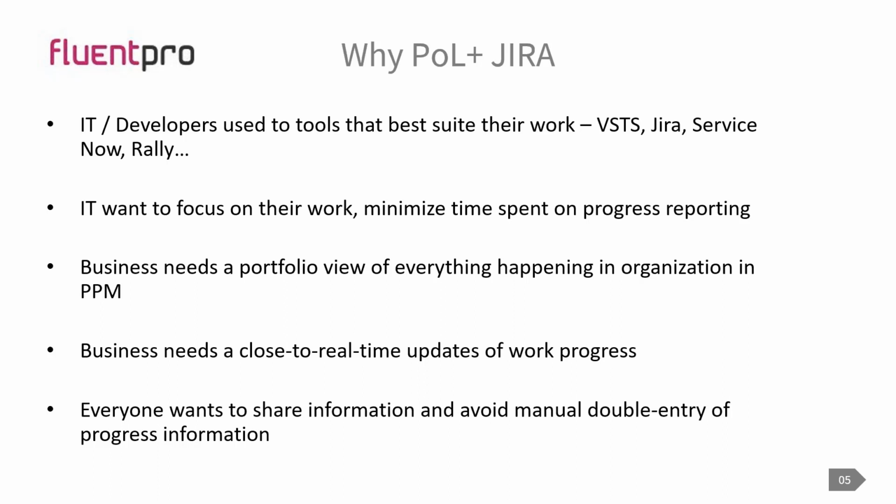You can say, okay, use the tool that fits the team's needs. It can be Jira, it can be ServiceNow, it can be Rally, it can be Project Online, any tool. Use it for maximum performance, for maximum efficiency. But we will get the information into Project Online for reporting, for analysis, and for decision making.